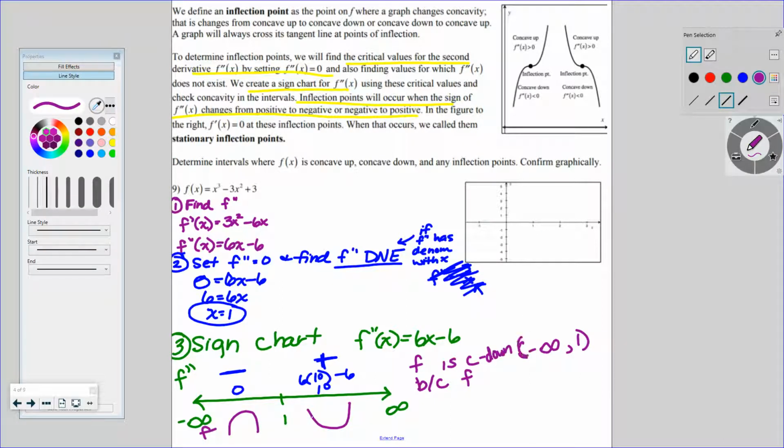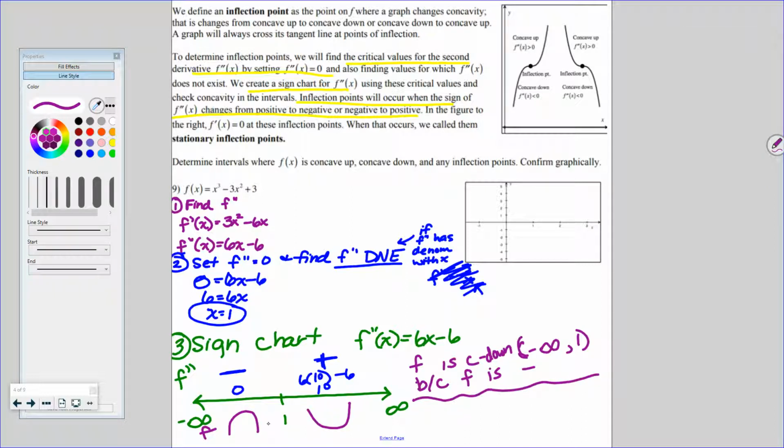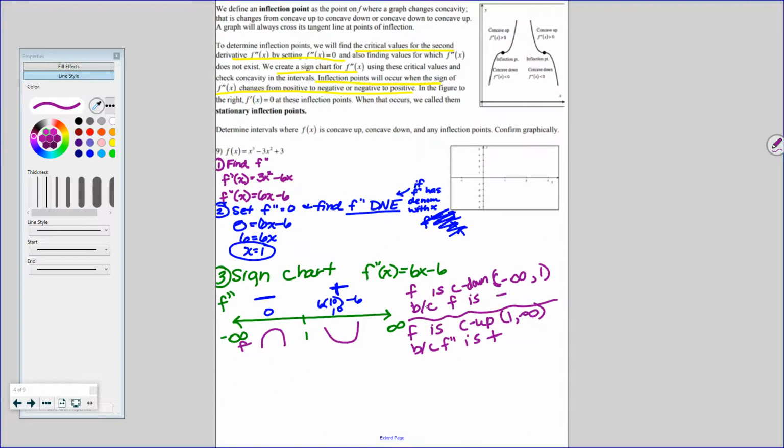From negative infinity to 1 because f double prime is negative on that interval. And then f would be concave up from 1 to infinity because f double prime is positive on that interval. So I have an interval for concave down, interval for concave up.